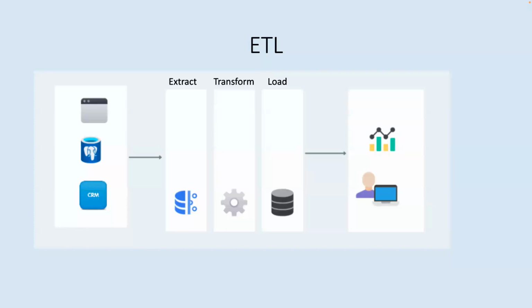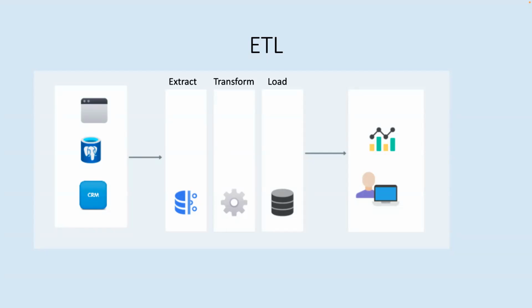This is a basic format of what an ETL process looks like. The crucial thing to understand here is that you extract the data from different sources and transform it, perhaps into some efficient format that the data analyst can run the analytics queries on.